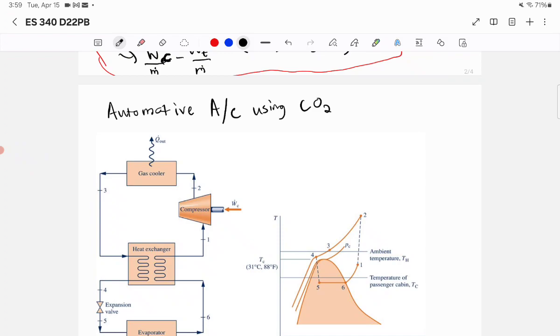That's something ongoing for automakers to make decisions on. What is typically used in your car is the same as is commonly used in refrigerators these days, which is refrigerant 134A. But we could potentially use CO2, and CO2 is obviously abundant in the atmosphere. While you're sitting breathing in the car, you're producing CO2. So this could potentially in the future be used as a refrigerant.